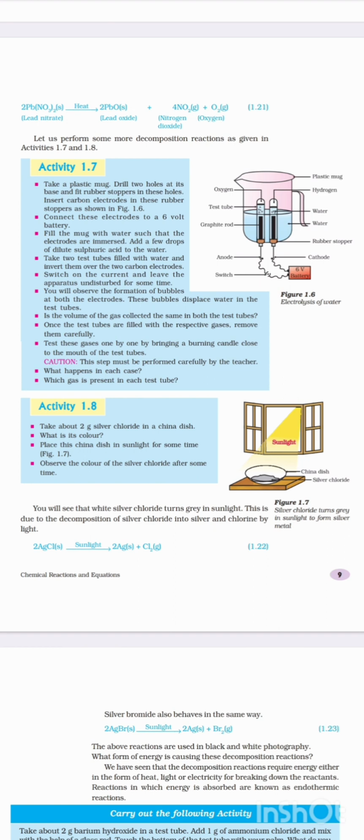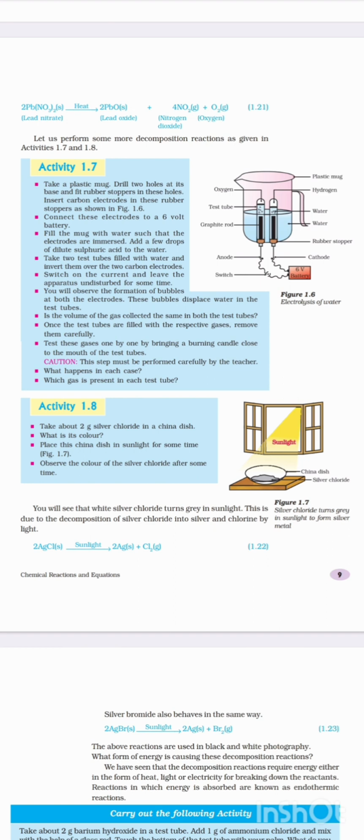Okay, so this is the difference. Mostly combination reactions can be either endothermic or exothermic, but decomposition reactions are mostly endothermic, in which energy in the form of heat, light or electricity is absorbed in the reaction, and after the energy is provided in enough amount, the reaction takes place.